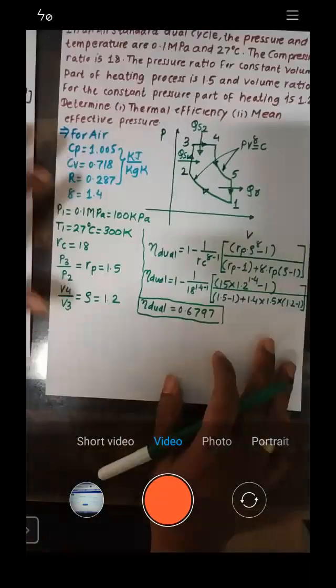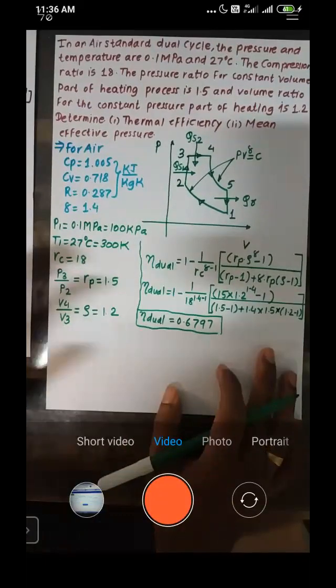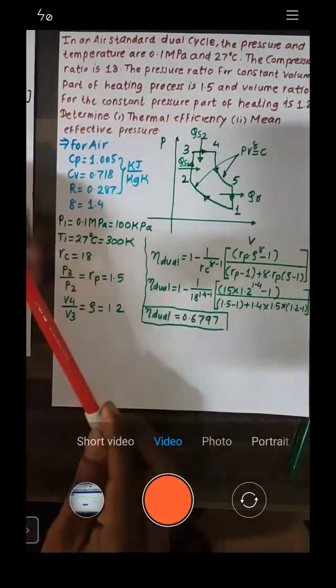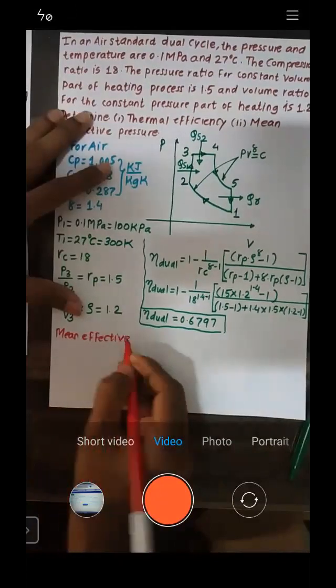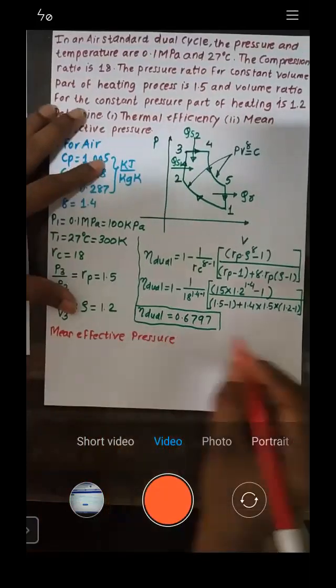Next thing is mean effective pressure. If you need to calculate mean effective pressure, I repeat, for this everything is required to be calculated. Mean effective pressure is the ratio of net work done upon swept volume.